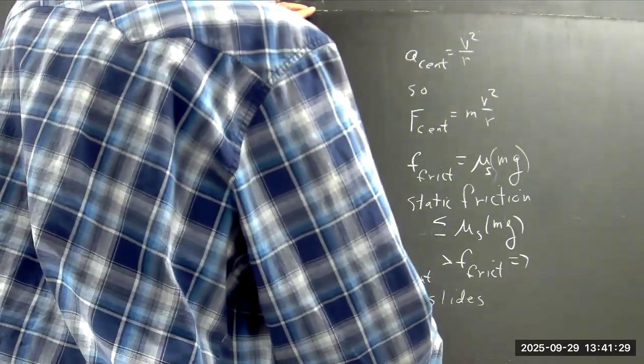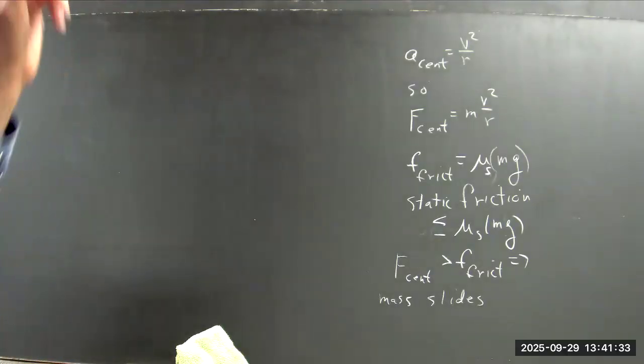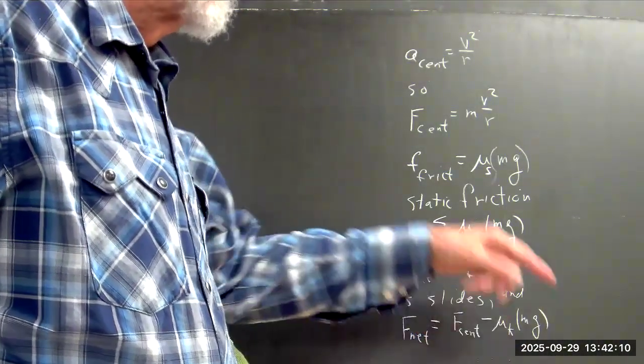The mass slides at F net equals centripetal force minus mu k times mg.